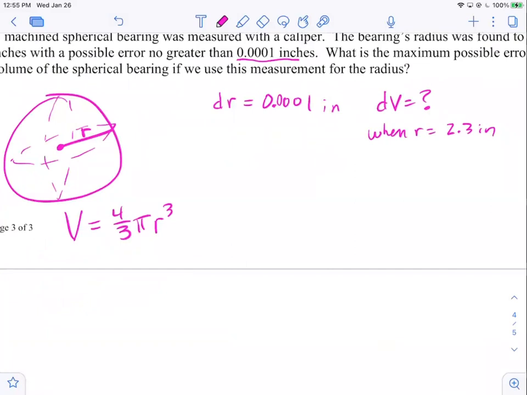So here's what we're going to do. Let's go ahead and take the derivative of the volume with respect to r, but we'll do it in differential form. The derivative of v with respect to r, which I don't write, is equal to, multiply and subtract, 4 pi r squared times the differential of r.